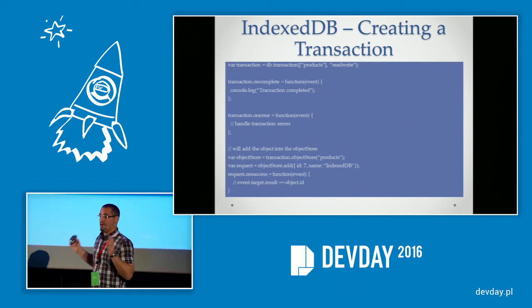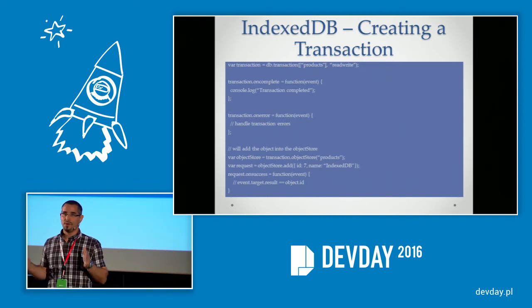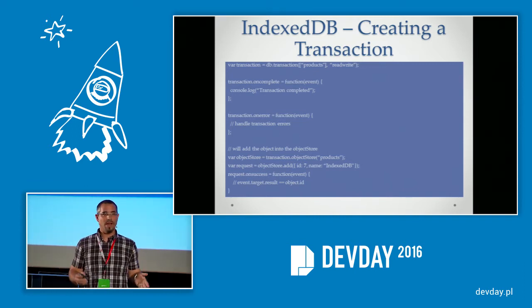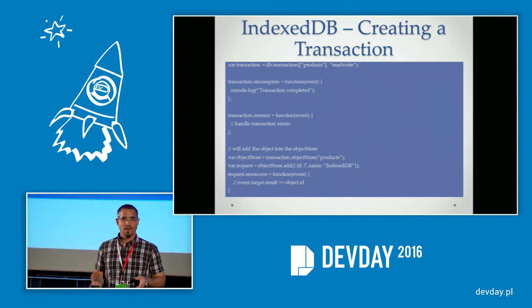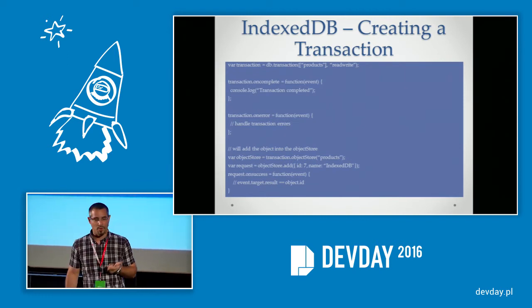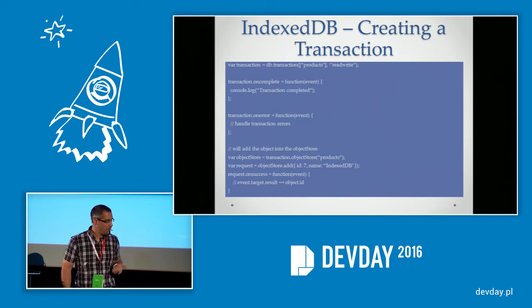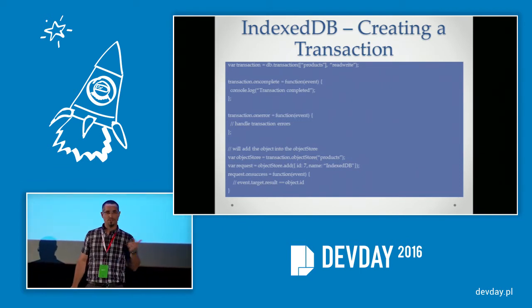Once we created our database, the next thing that you want to do is query it. How do you do manipulations on the object stores? By creating a transaction. The transaction can be read-only or read-write. You can force it to be read-only or read-write, and you will request a new transaction from the database.